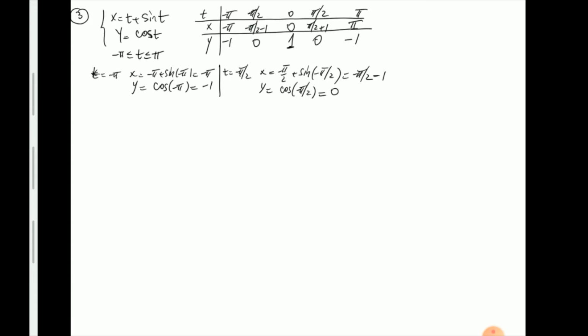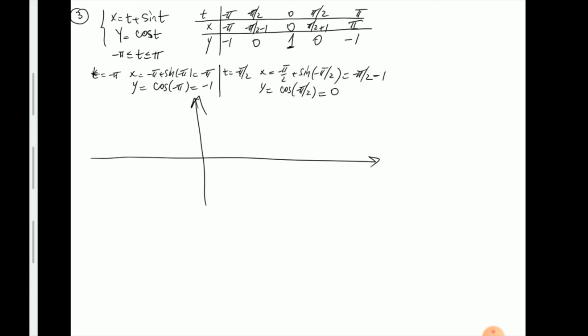If you look at these values, these are the y coordinates. The x coordinates are basically symmetric with respect to the y-axis, and the y coordinates as well. They basically go from minus 1 to 1 and then back to minus 1. So it kind of looks like a semicircle. It's not a semicircle, but it kind of looks like one. So let's see if we can do a little sketch here.